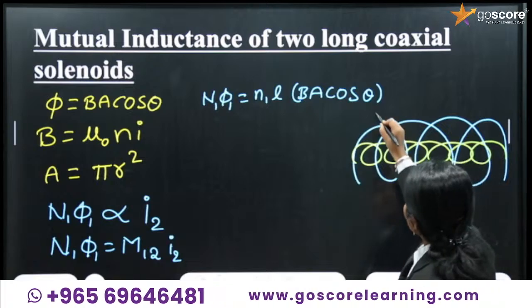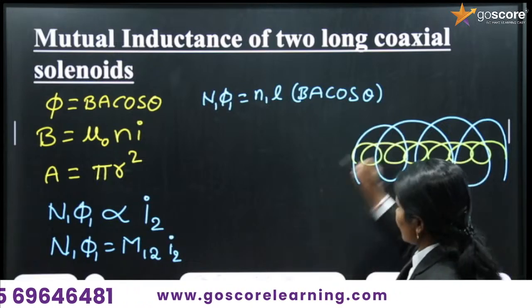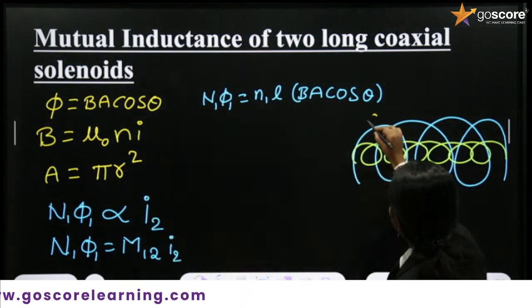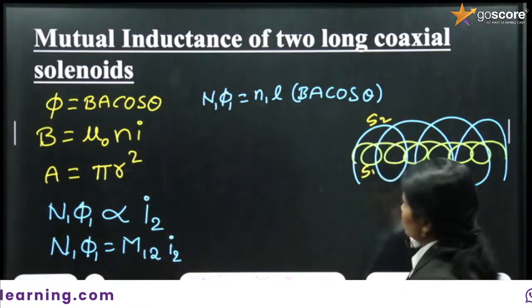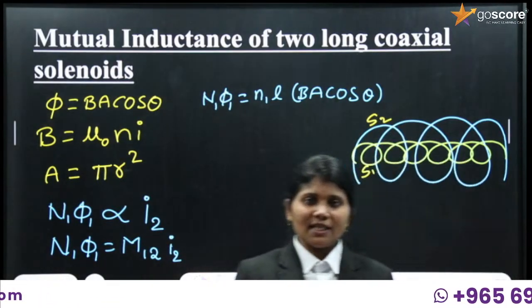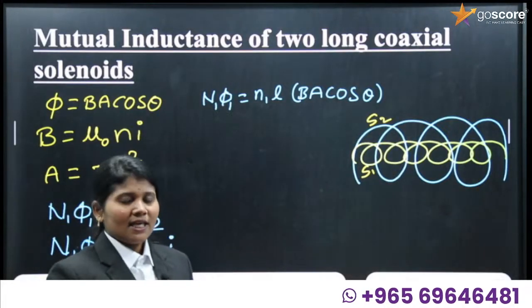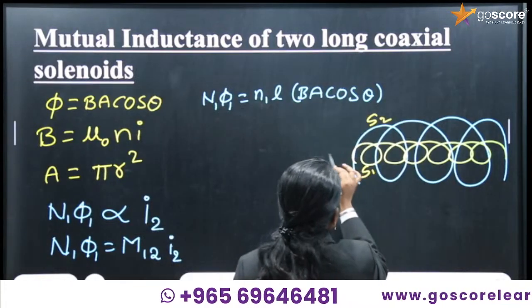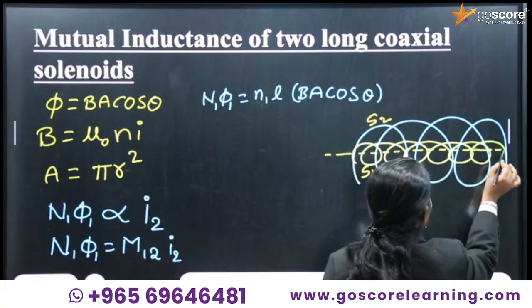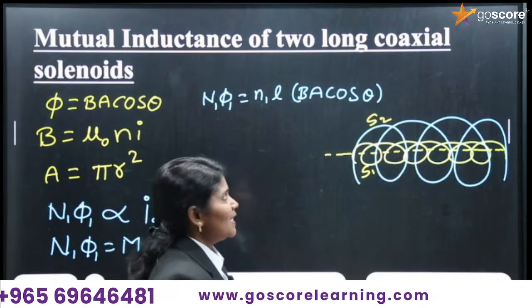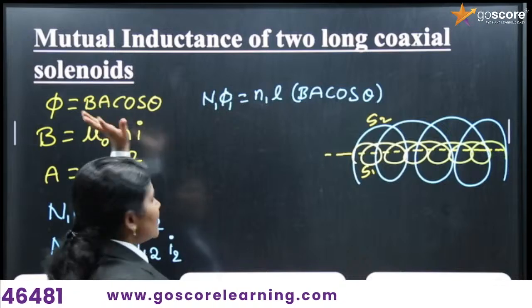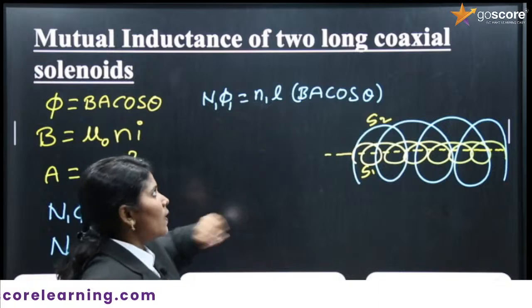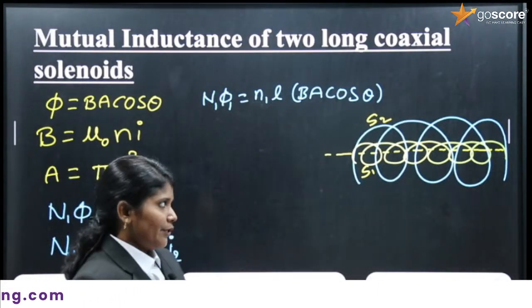I consider the outer solenoid as S2 and the inner as S1. These two solenoids have a common axis, which is why they are called coaxial solenoids.